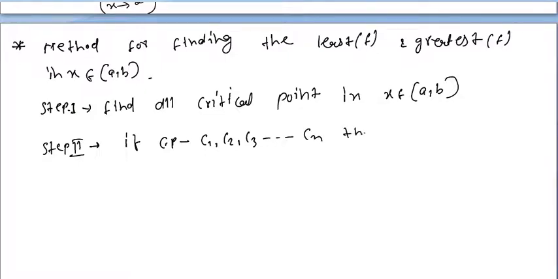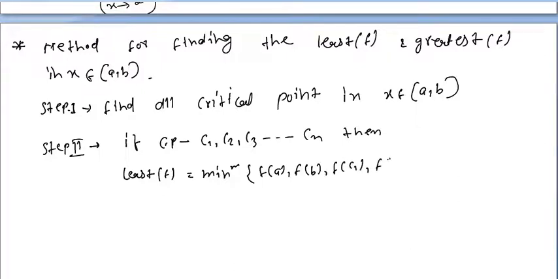Then the least value of the function is equal to the minimum of f of a, f of b, f of c1, f of c2 and so on, up to f of cn.